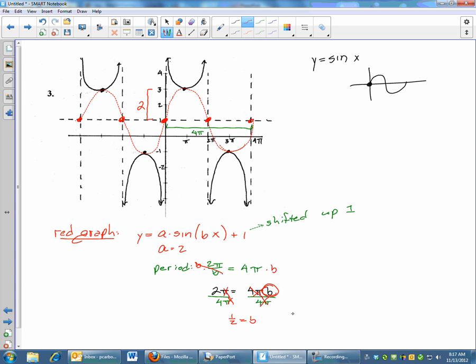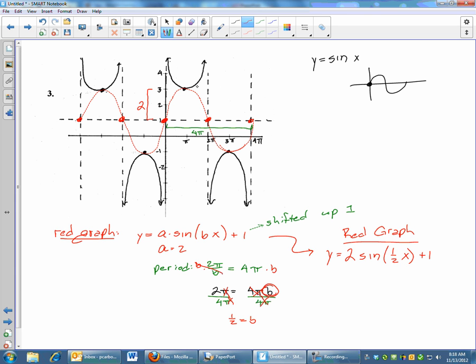So there's my b. So now I have a and b, and I knew I shifted up 1. So I know that the red graph is going to be y equals my amplitude, which is 2, times the sine of b, which is 1/2 x, and I shifted up 1. So there's the equation of the red graph, which is my base graph.